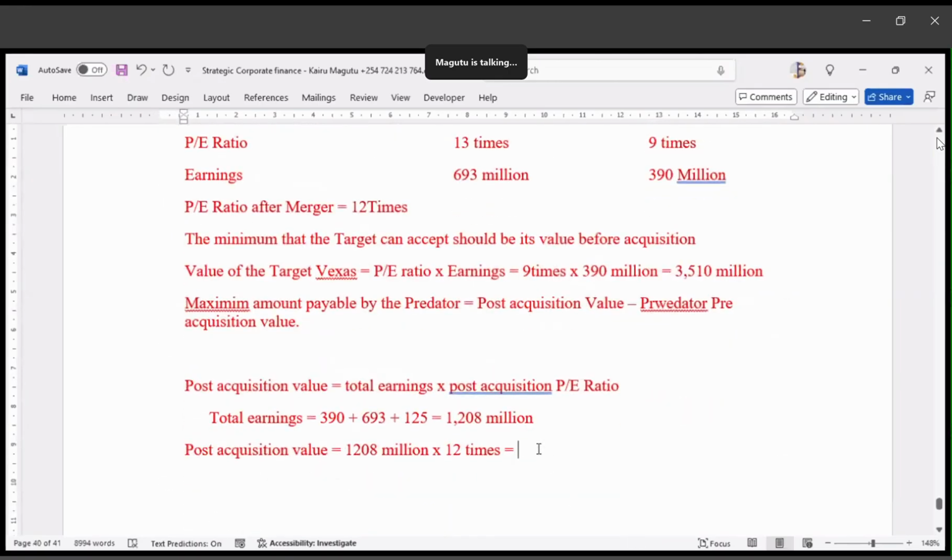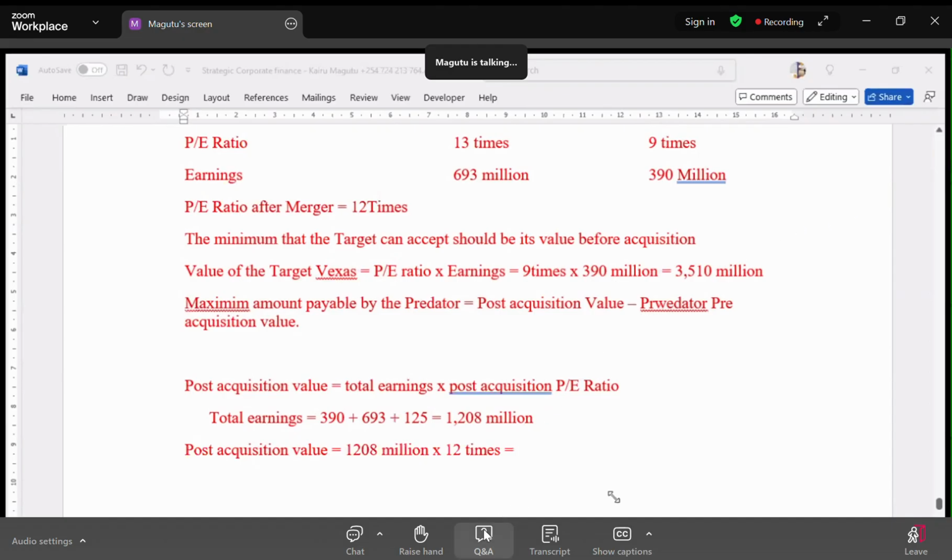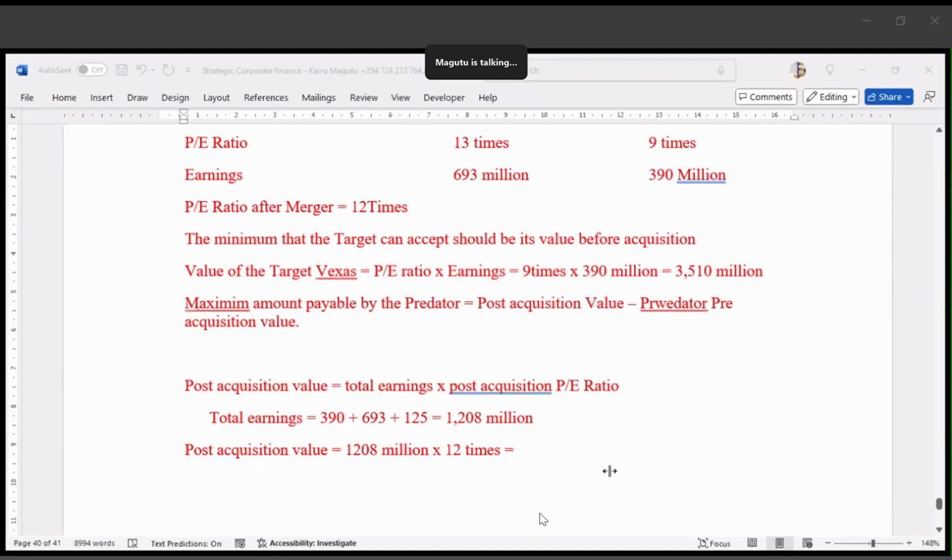How much is this, please? Someone says 14,496. Can we confirm?